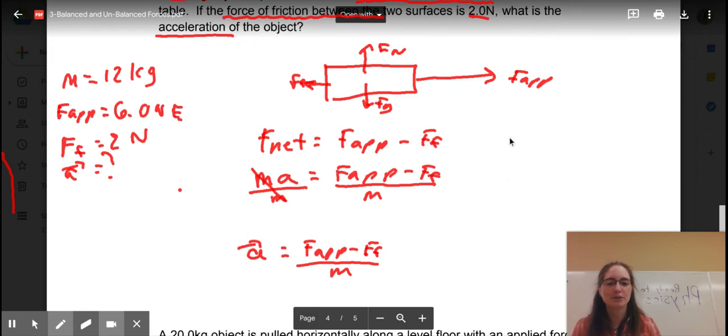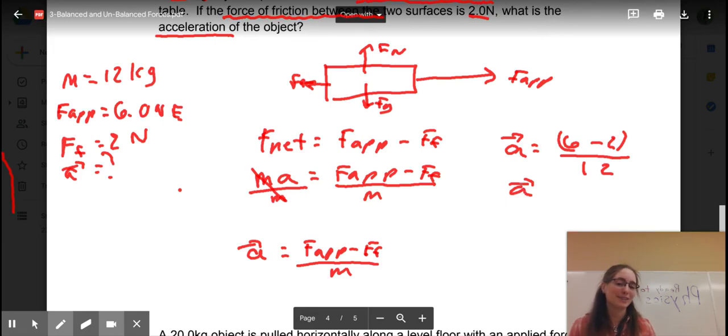I'm going to plug my numbers into my equation: acceleration equals 6 newtons minus 2 newtons, divided by my mass of 12 kilograms.